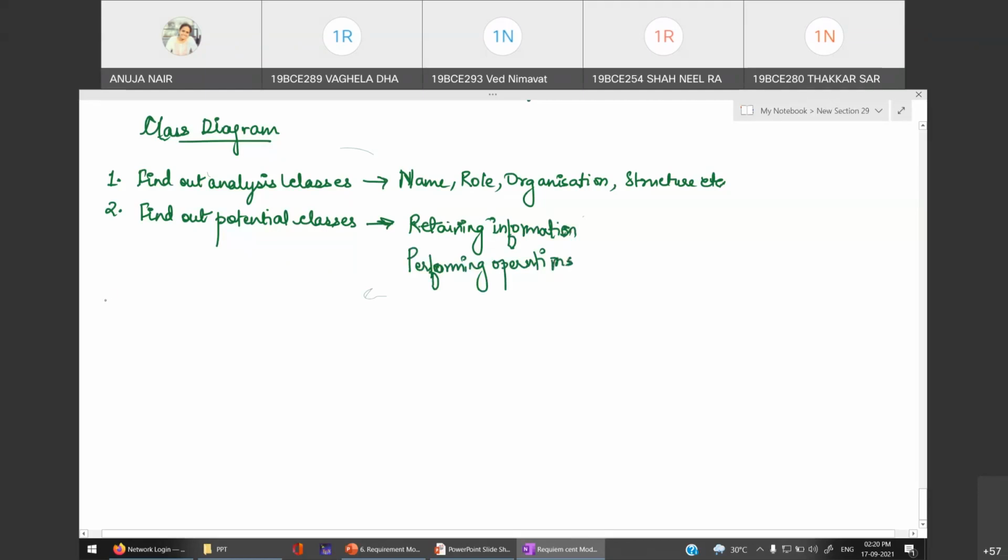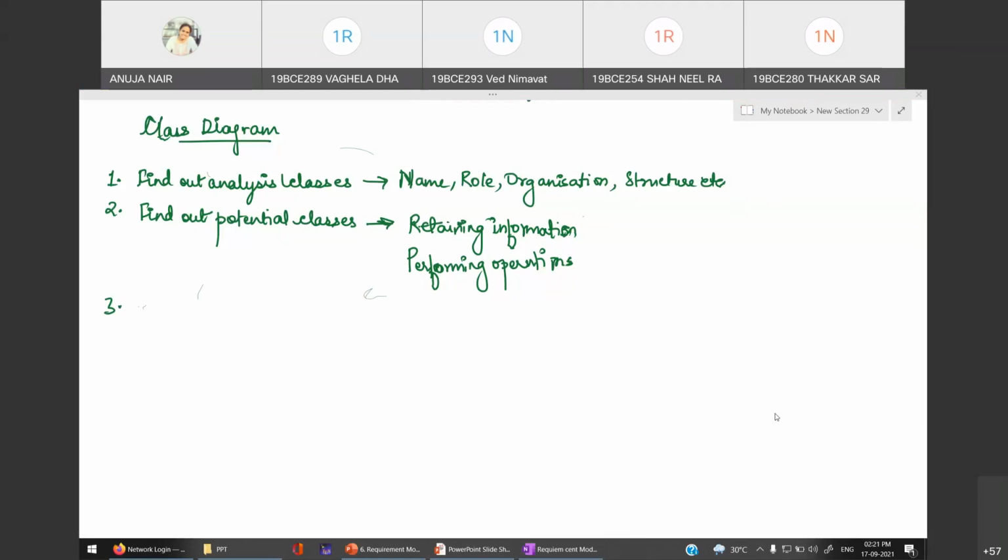What is our third step? Third step is to, guys, are you here? Am I talking to myself? I'm not getting any answers. What is the third step? Defining attributes.